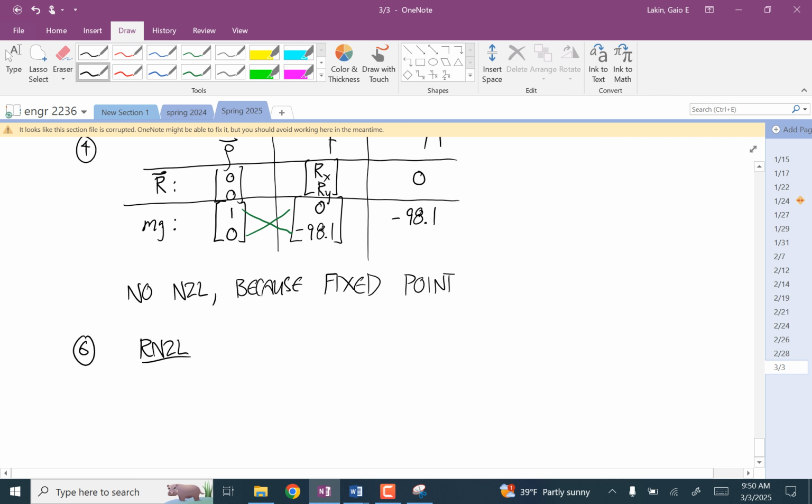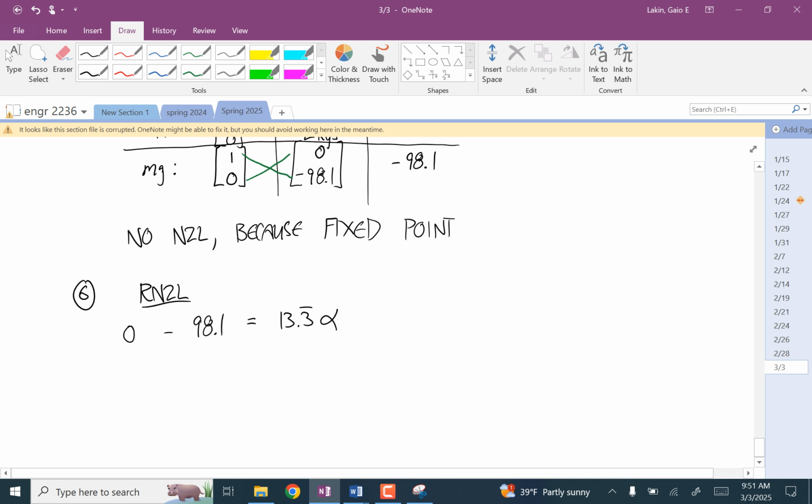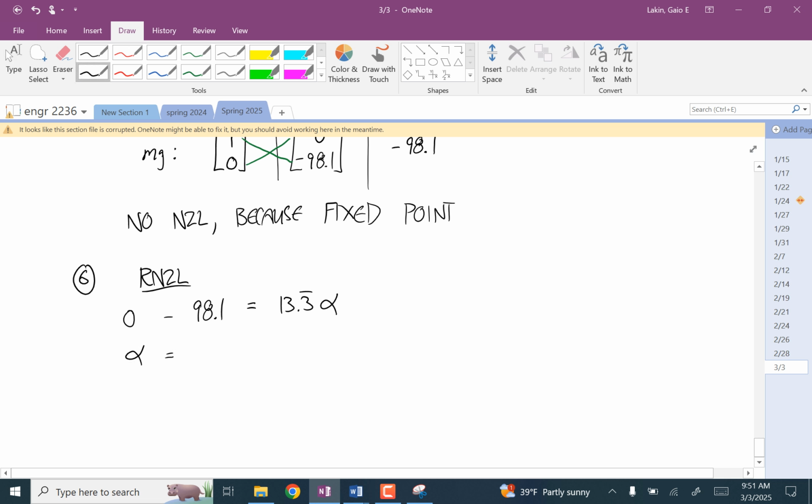And that says 0 minus 98.1, I'm just adding those all up, is equal to 13.3 repeating times alpha. And so alpha is equal to negative 7.36 radians per second squared. Or in other words, the angular acceleration vector of this body is 0, 0, negative 7.36.